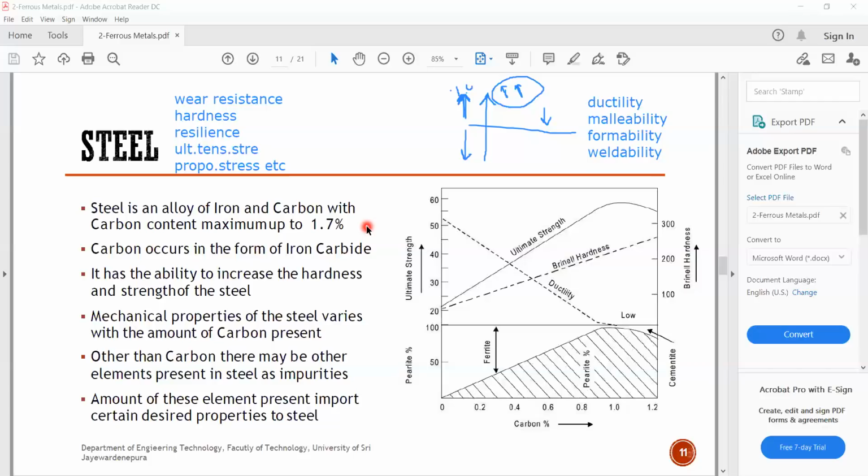So carbon plays an important key role while selecting a particular material for an application, right? As I said earlier, if you have decided on a particular application, then using the carbon percentage only you can select the particular material, because the properties of that steel will change according to the percentage of carbon.